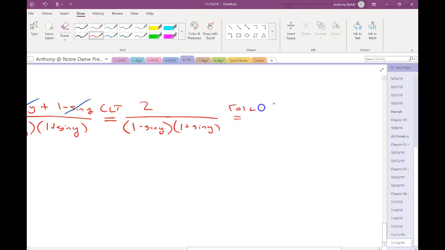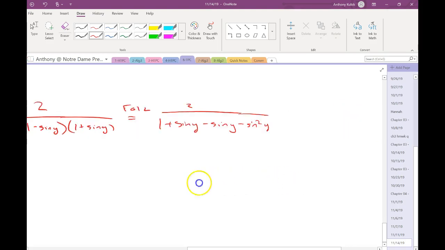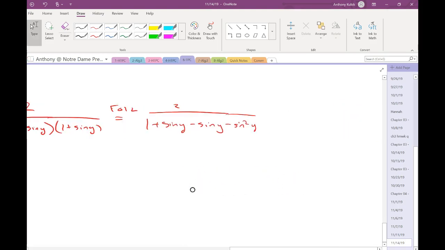So I'll just FOIL that denominator. Okay, so there we FOILed everything out. What do you notice? Yeah, those guys cancel out, right?